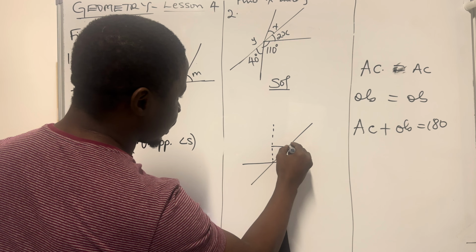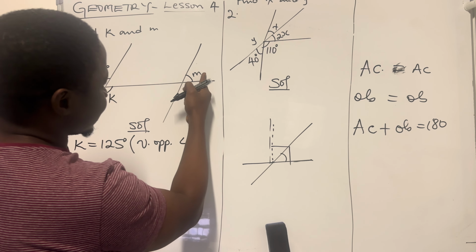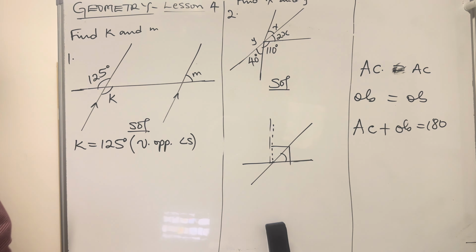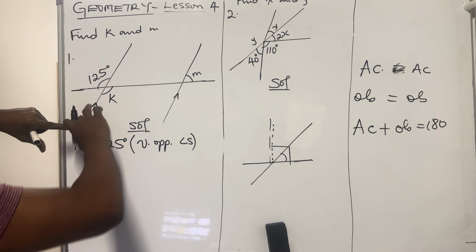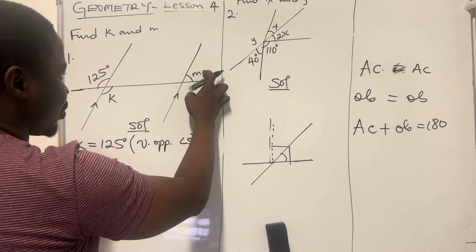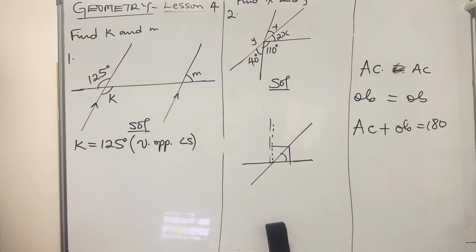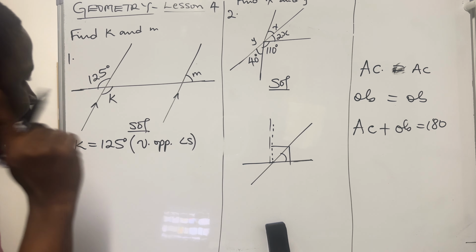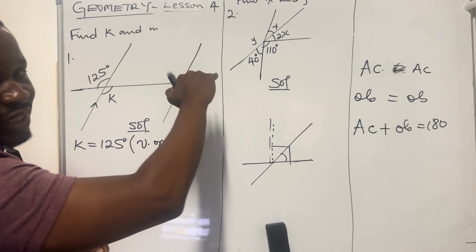You see, this is 90. This is perpendicular to this. So this is less than 90. So this one is acute. Then again, this 125, you can see how it opens. It is obtuse. So for any acute added to any obtuse, they will always give us 180, no matter the situation, as long as a set of parallel lines are crossed by a transversal line.